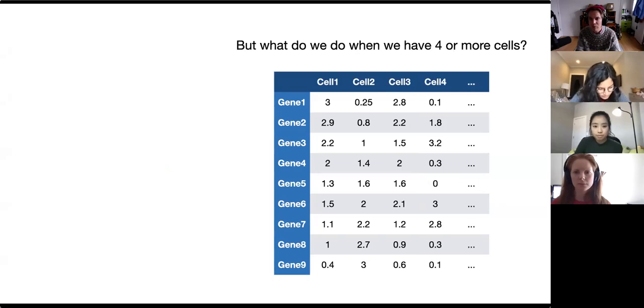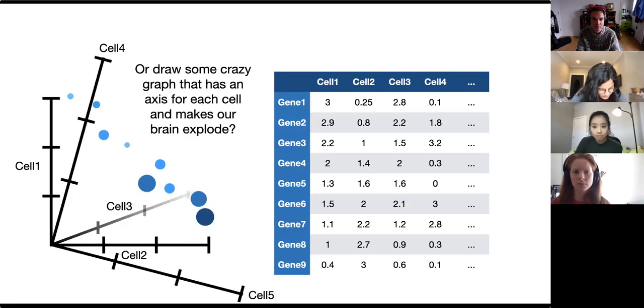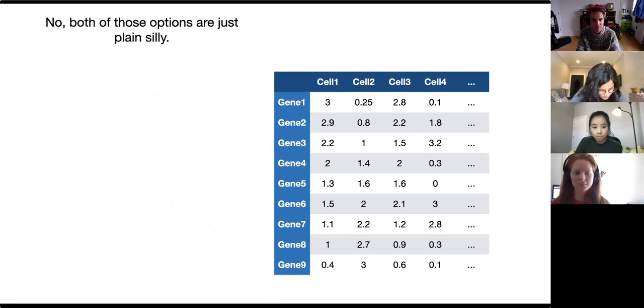But what do we do when we have 4 or more cells? Draw tons and tons of 2-cell plots and try to make sense of their correlations? Or do we draw some crazy graph that has an axis for each cell and makes our brain explode? No, both of those options are just plain silly.